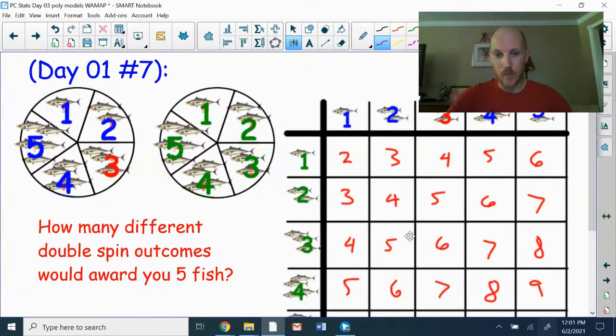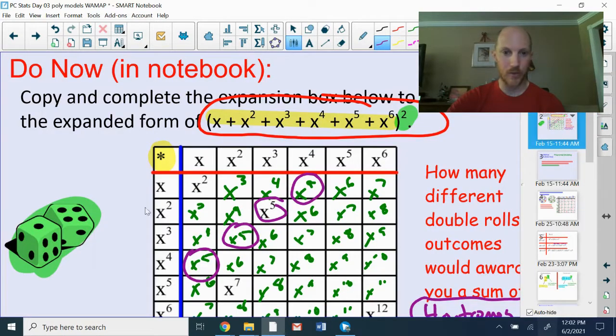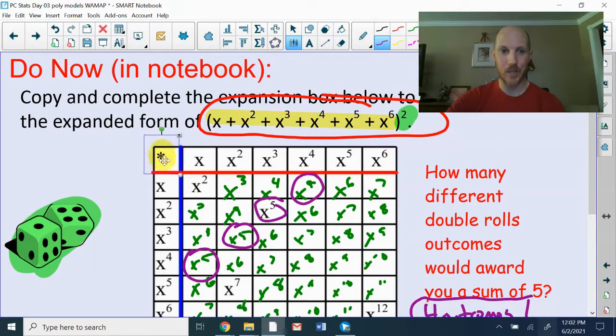The important difference is this table was a table of addition. So we put the numbers from one wheel of fish on one edge, added them together with the numbers from the other wheel of fish to get our sum in the body of the table. The table you just made in the do now was multiplication, because we were modeling this expression here, x plus x squared plus x to the power third, x to the power fourth plus x to the power fifth, that expression to the power of 2, which means multiplied by itself.